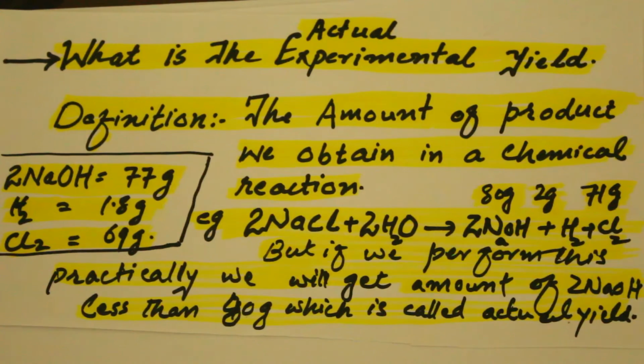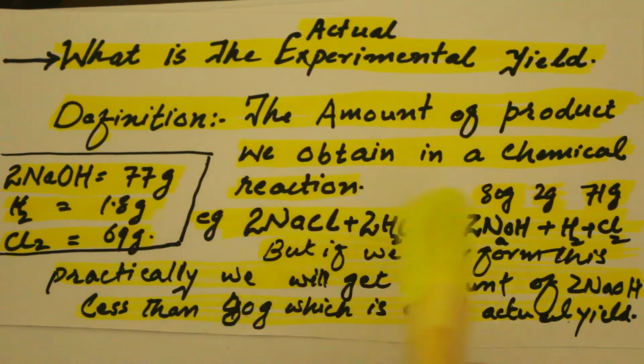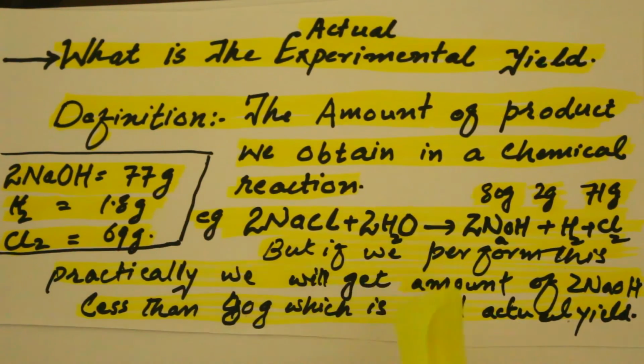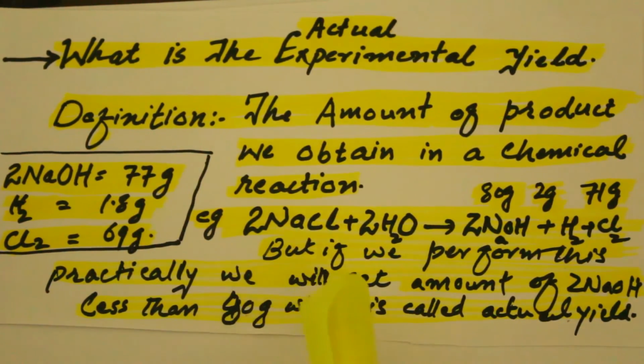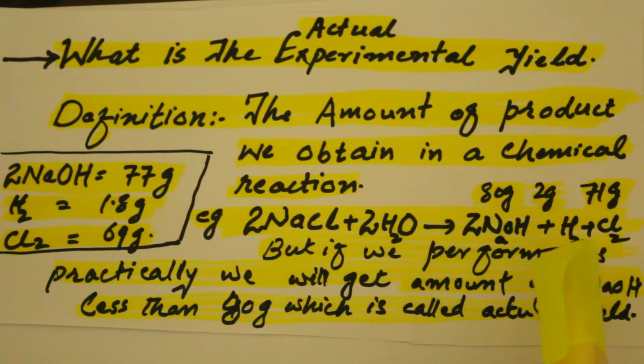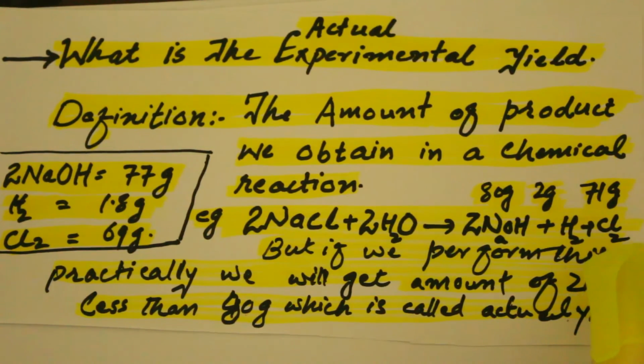Now let's explain what the actual or experimental yield is. We can define this term as the amount of product which we actually obtain in a chemical reaction. Let's explain this idea with the example we discussed a while ago, in which 2 moles of sodium chloride react with 2 moles of water, and it gives us 2 moles of sodium hydroxide, 1 mole of hydrogen gas, and 1 mole of Cl2 gas.